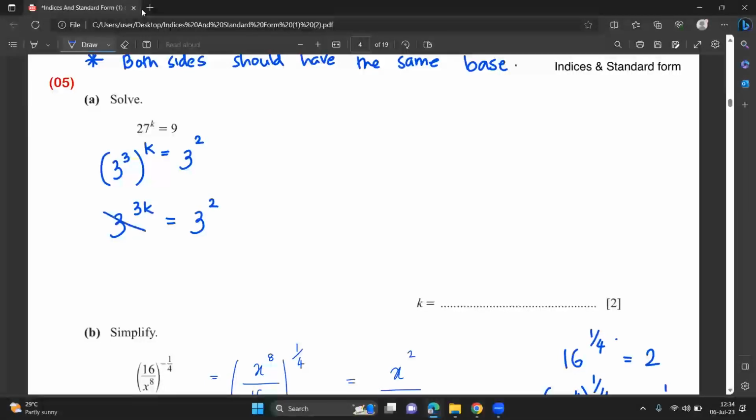You can cut off the bases. What's remaining? 3k and 2. Now you have to do basic algebra. 3k equals 2. How do we find k now? Divide both sides by 3. So k equals 2 over 3. Yes or no? That's your answer. K equals 2 over 3.